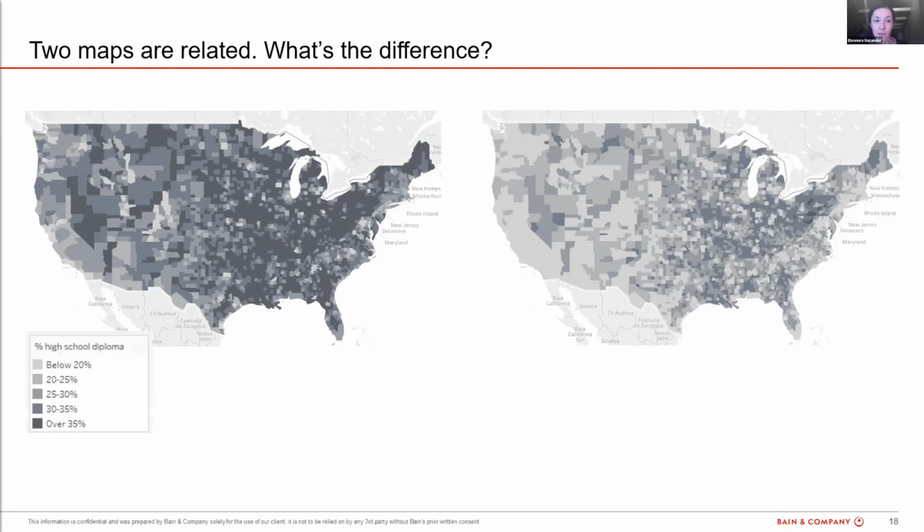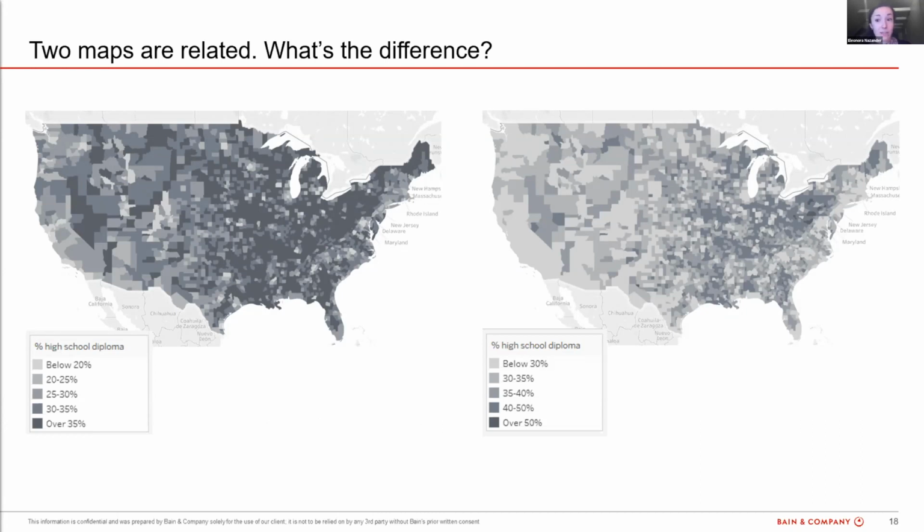The map on the left is showing percent of high school diploma graduates by county in the United States. The map on the right is showing percent of high school diploma graduates by county in the United States. The data is exactly the same. The level of aggregation is exactly the same.